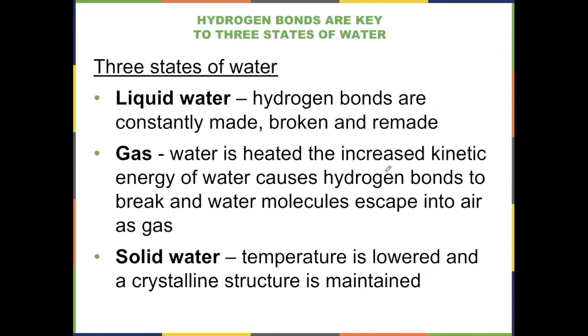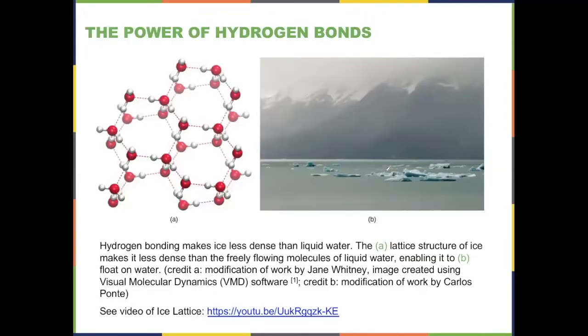Now, as you probably know, water has three states. It can exist as a liquid, which is mostly what we are going to see in cells, but it can also exist as a gas or as a solid, also known as ice. Now, hydrogen bonds make water do several interesting things. The first one is that when it forms a solid, when it forms ice, ice is actually less dense than liquid water.